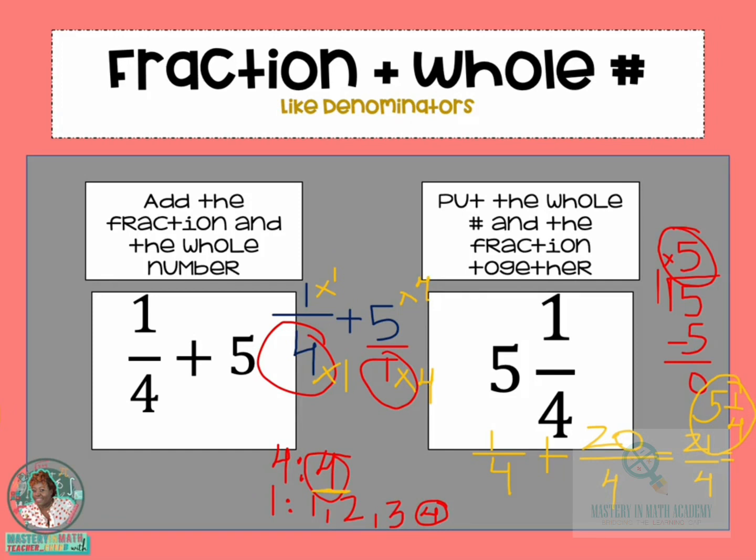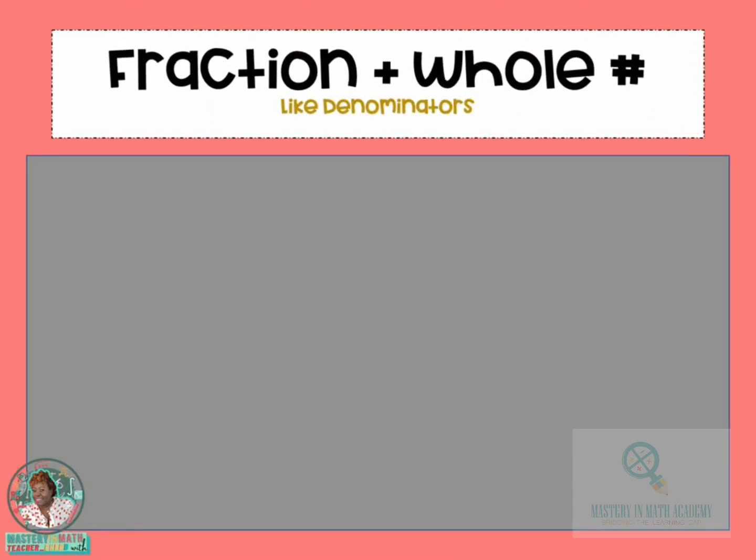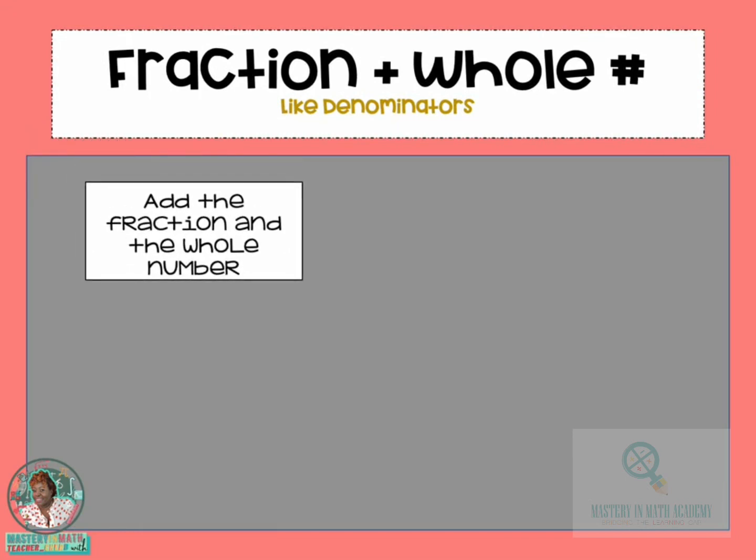Let's look at another example. We're still adding a fraction plus a whole number. And I'm not going to do the long way because you see that the long way still gets you to the same answer.